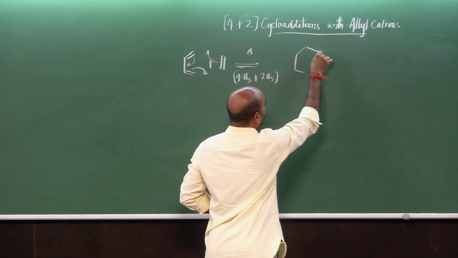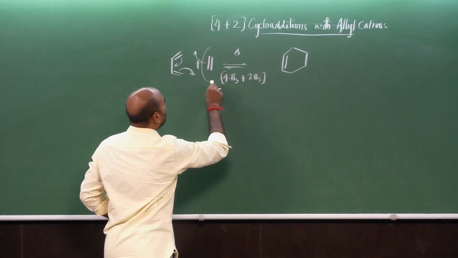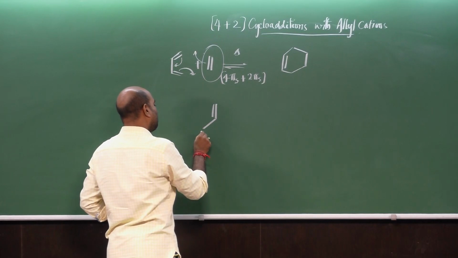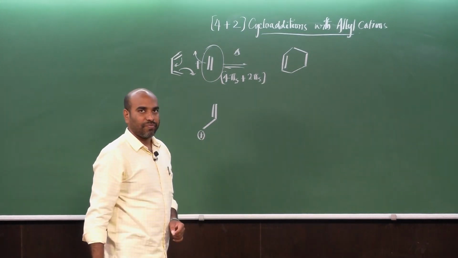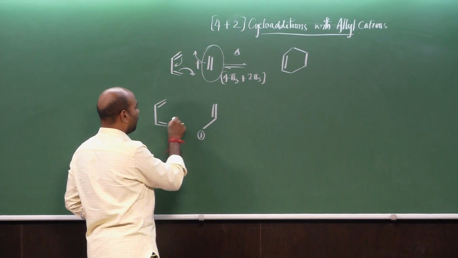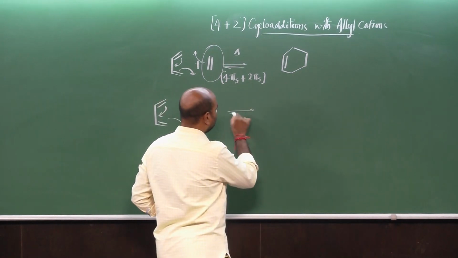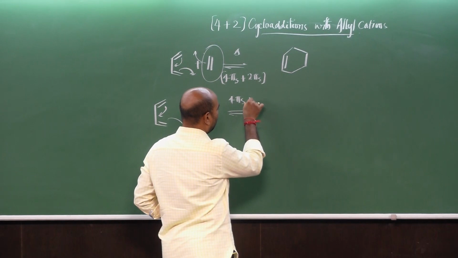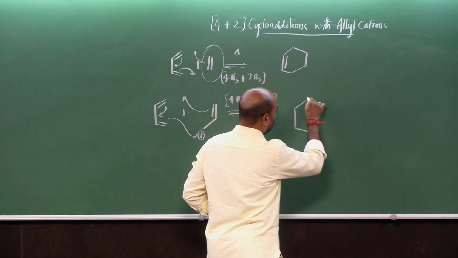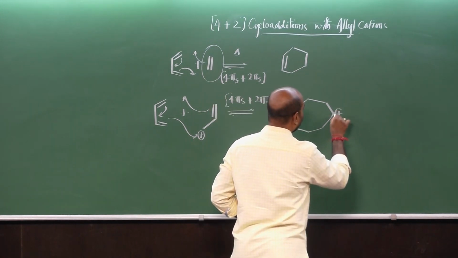You will see a cyclohexene molecule, whereas if you use an allyl cation in place of the dienophile, it still acts as a dienophile and adds to the diene, resulting in a 4pi supra plus 2pi supra reaction, and it results in the formation of this one.